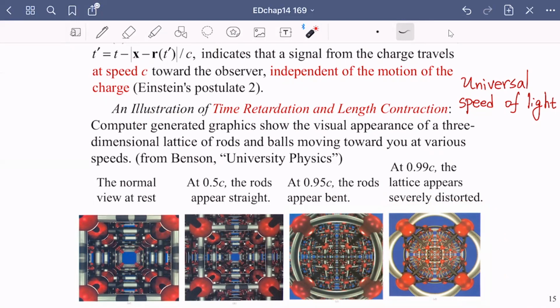Okay, I remember when I was an undergraduate student, I saw this animation, this illustration. I was very surprised because I did not expect to see this kind of effect. Now, because of the computer, we can simulate the view we will see at extremely high speed.